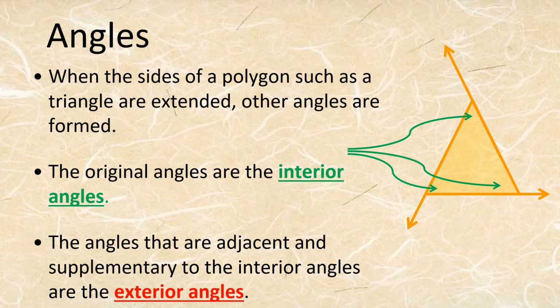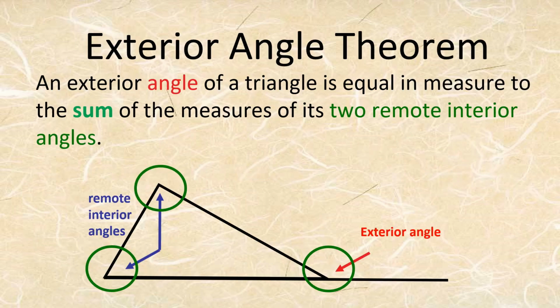Each exterior angle is adjacent to an interior angle, like so. If the two angles are adjacent, then you can see that they are supplementary. They form a straight angle which measures 180 degrees.